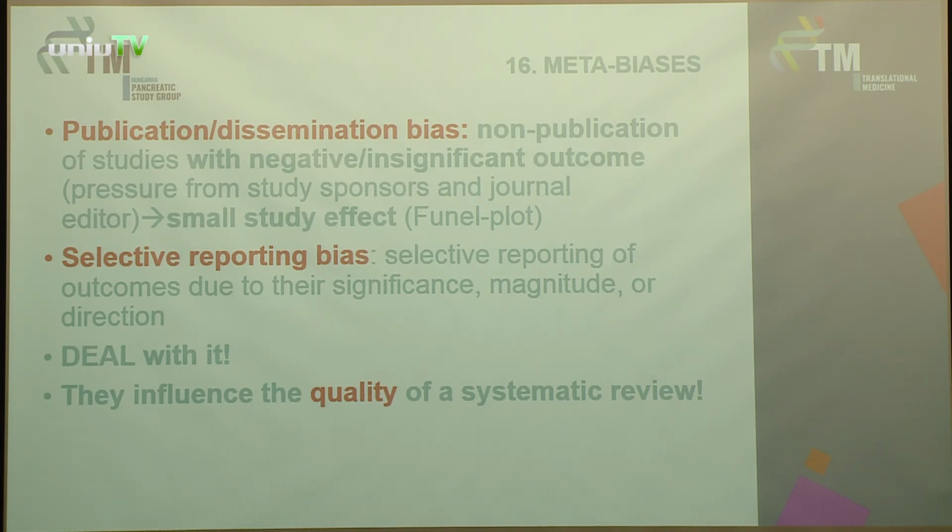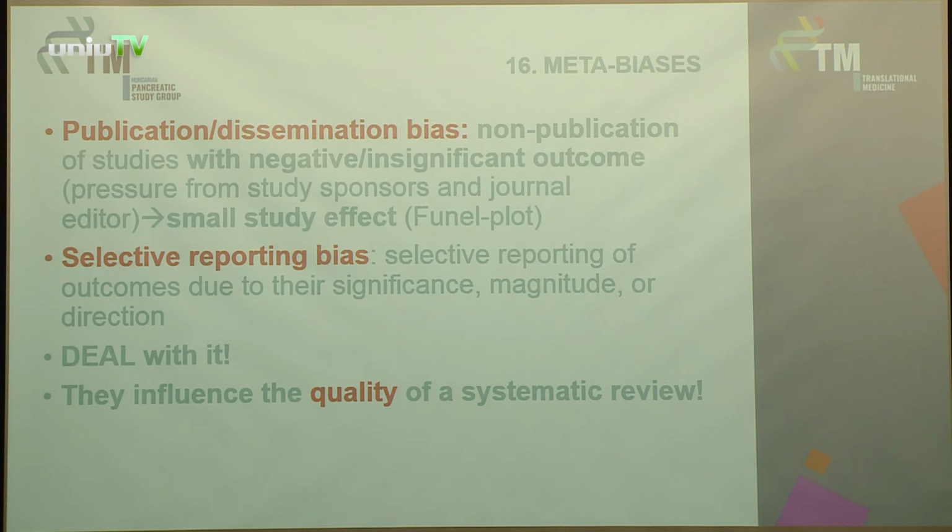And there is the selective reporting bias, which means that we report outcomes or do not report outcomes due to their significance or direction or magnitude of the results. We have to deal with these biases. We have to write it down in the discussion part.